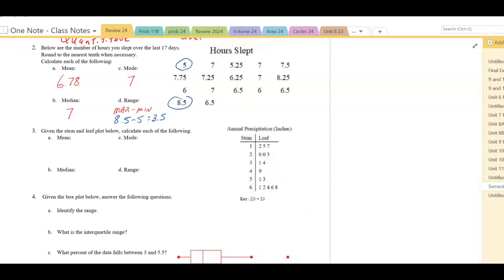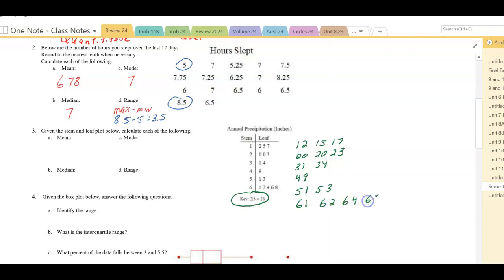So remember the stem and leaf plot, there's a key down here. So 2 vertical bar 3 means 23. So this data means 12, 15, 17, 20, 20, 23, 31, 34, 49, 51, 53, 61, 62, 64, 66, and 68.